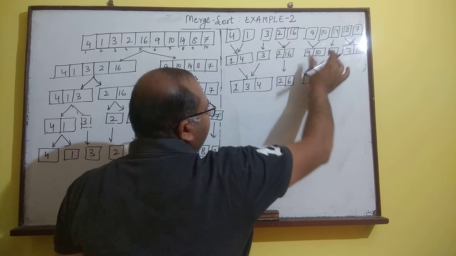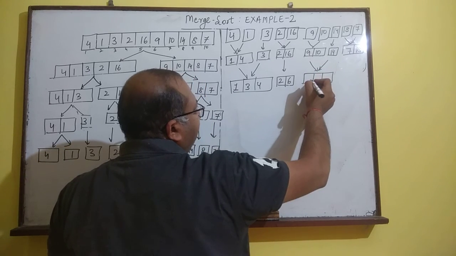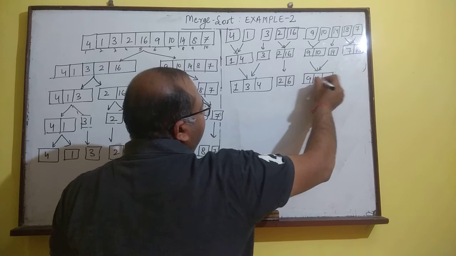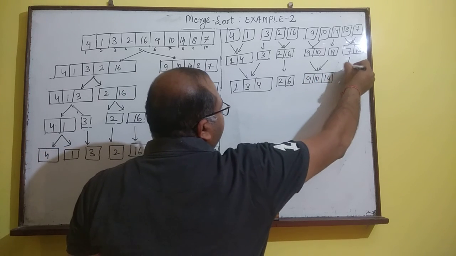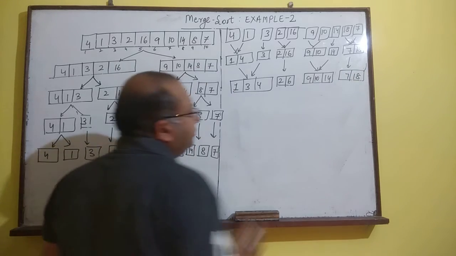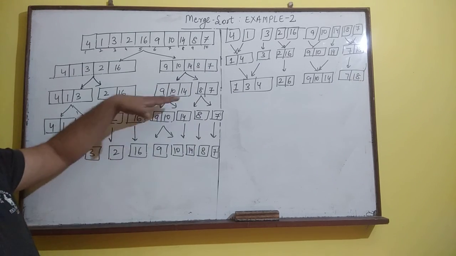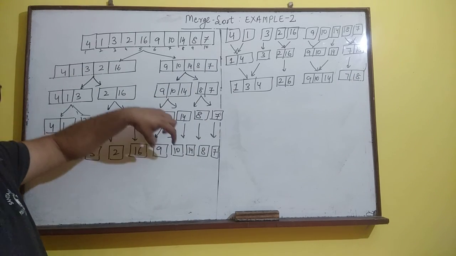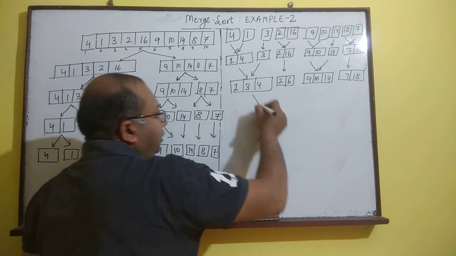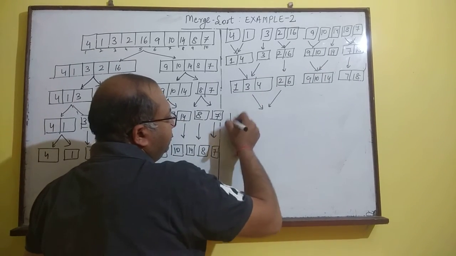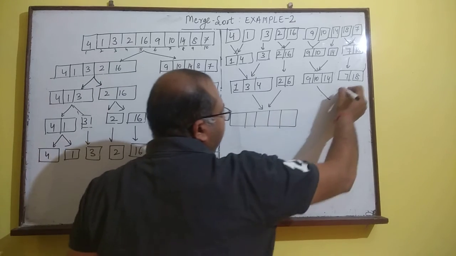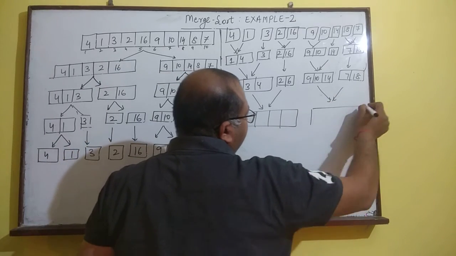These two arrays will merge into one array, so it will be 9 10 and 14. This array will remain unchanged. We need to be careful about the order in which we divided them; in the same way we need to merge them. Now these two arrays will merge, and these two arrays will merge into this array.